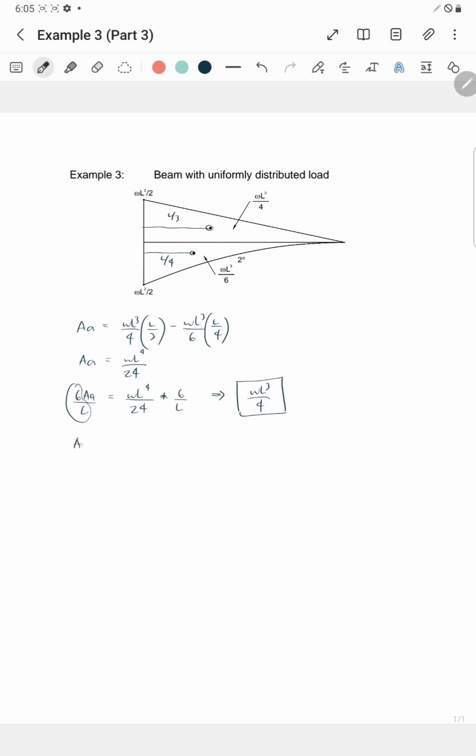Then for the parameter AB, area times lever arm from right. So for the triangle, the area is WL cube over 4, and its lever arm from right is 2/3 of L. Then for the spandrel, negative, area is WL cube over 6, and its lever arm from right is 3/4 of L. Then simplify.